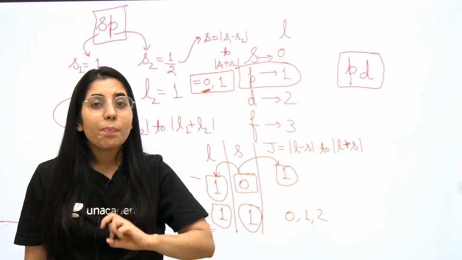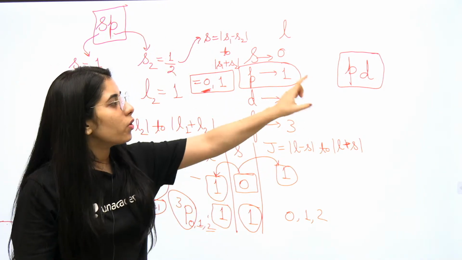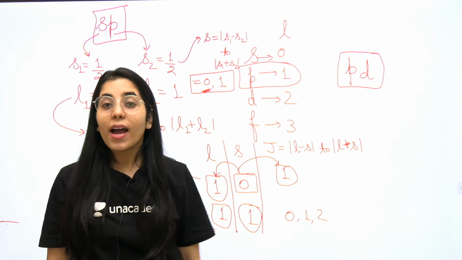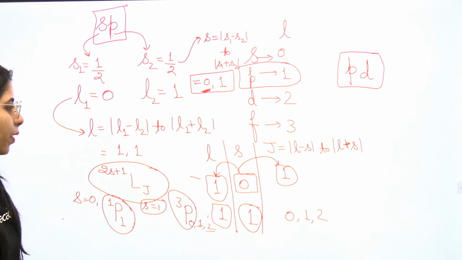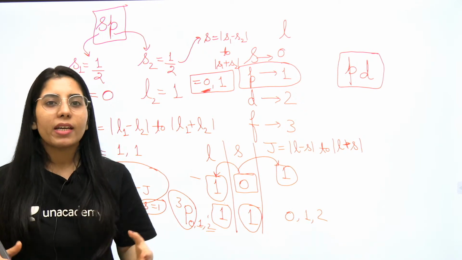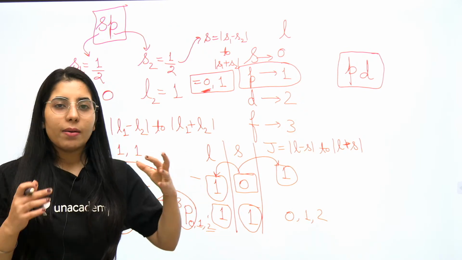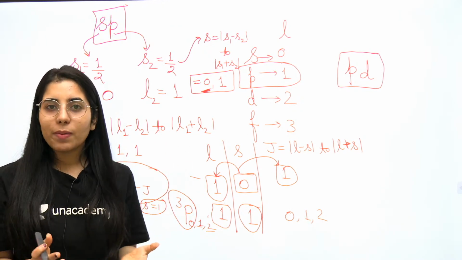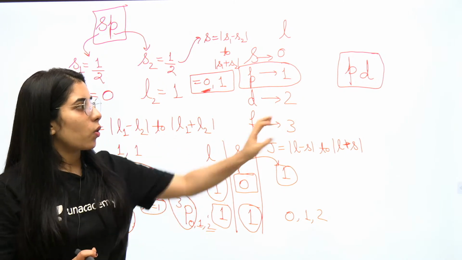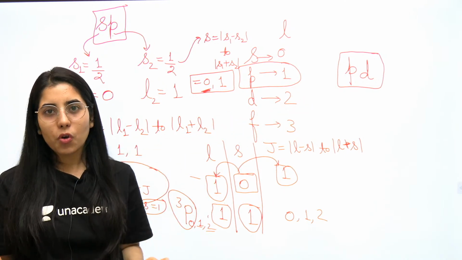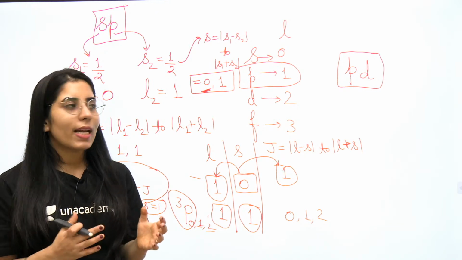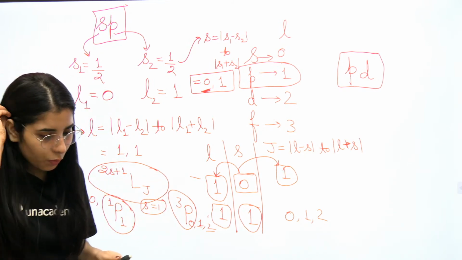Let me know the number of spectroscopic terms you are getting in the PD case. Find it with the complete process I've explained, because you can't memorize them or check them in the exam, so you have to find them out. Find all the spectroscopic terms and let me know exactly how many you get for the PD case.